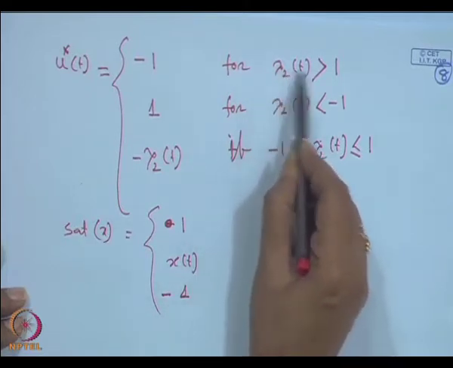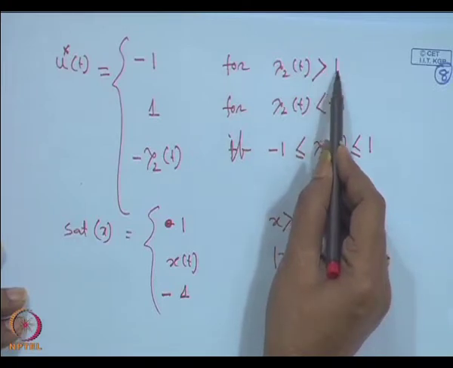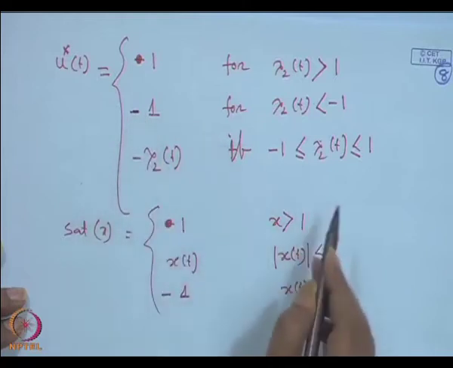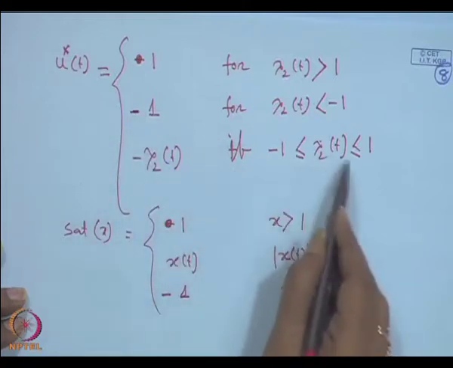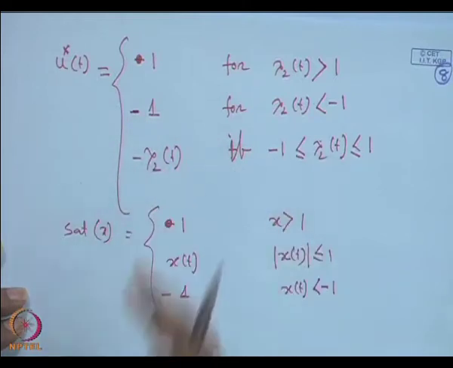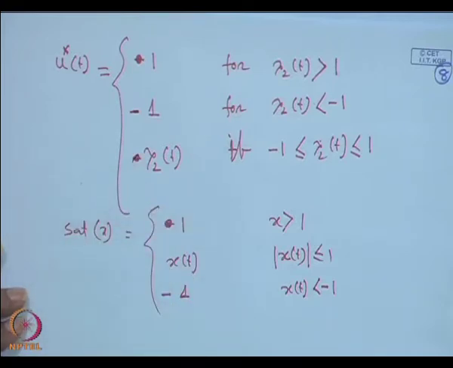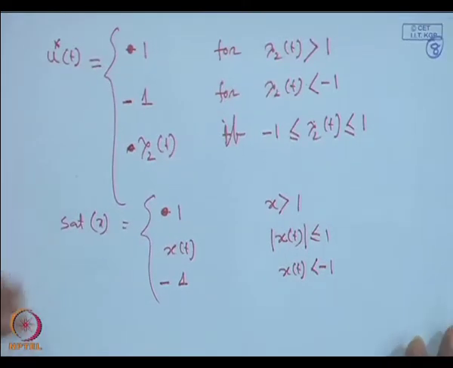So, when lambda of t is greater than 1, this is plus 1, when it is less than, this is minus 1, and when it is within range, then it will simply be lambda of t. This is the set function, we can write it. Agree?